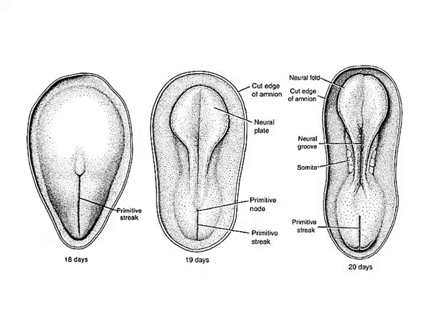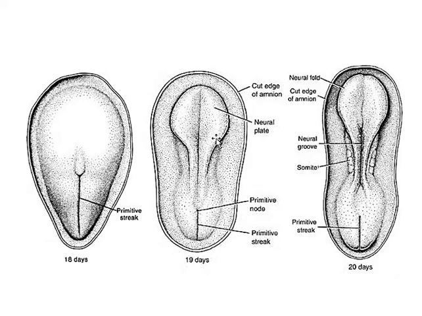This figure shows, at the 18th day, the primitive streak, with the primitive pit and node, and beneath this region we have the notochord. The notochord and prechordal mesoderm induce formation of the neural plate.